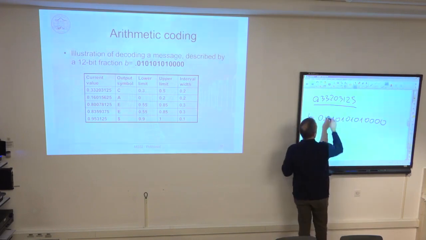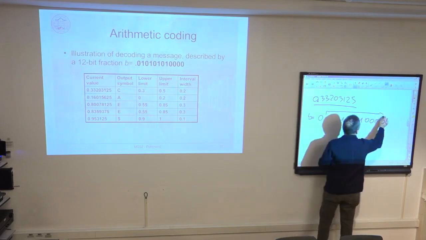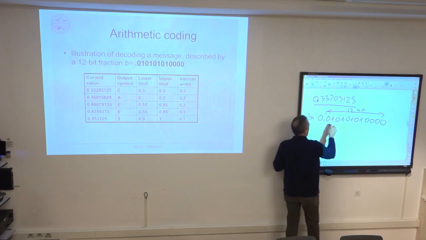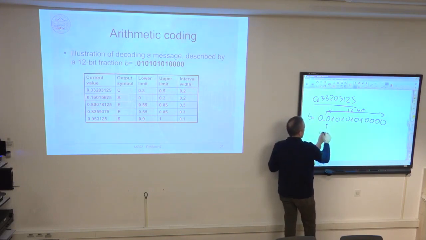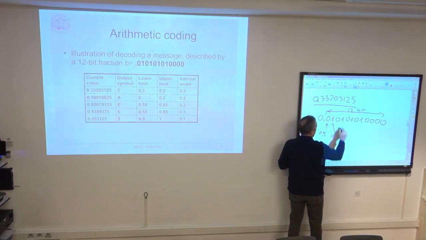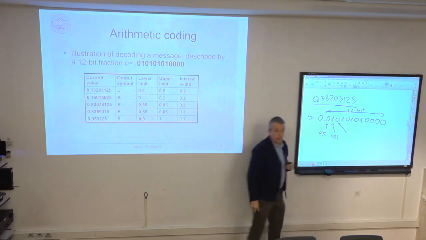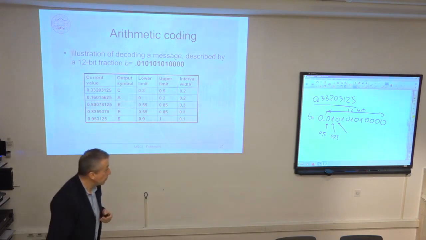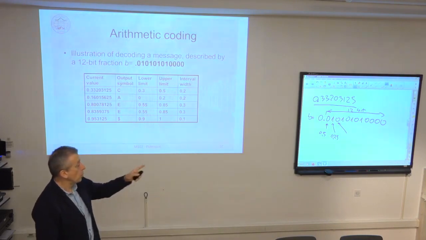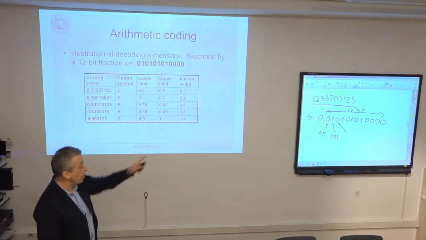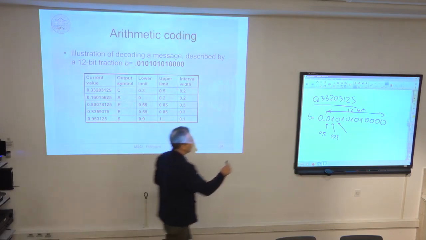So altogether I have 12 bits here. The weight of the first bit is 0.5, the weight of the next is 0.25, and so on. If I add these non-zero values, 0.25 plus whatever, and sum this up, I get exactly this value, B.